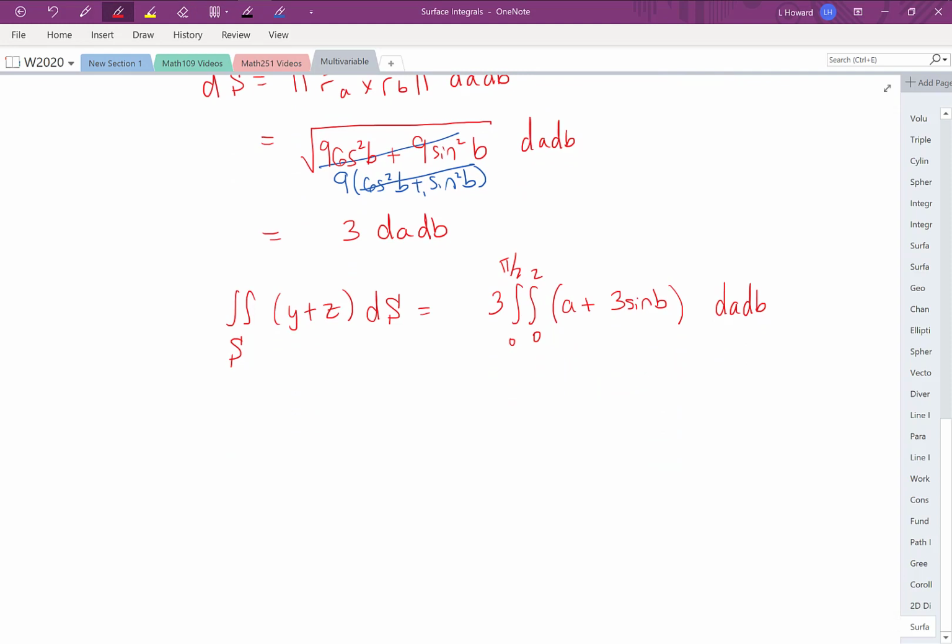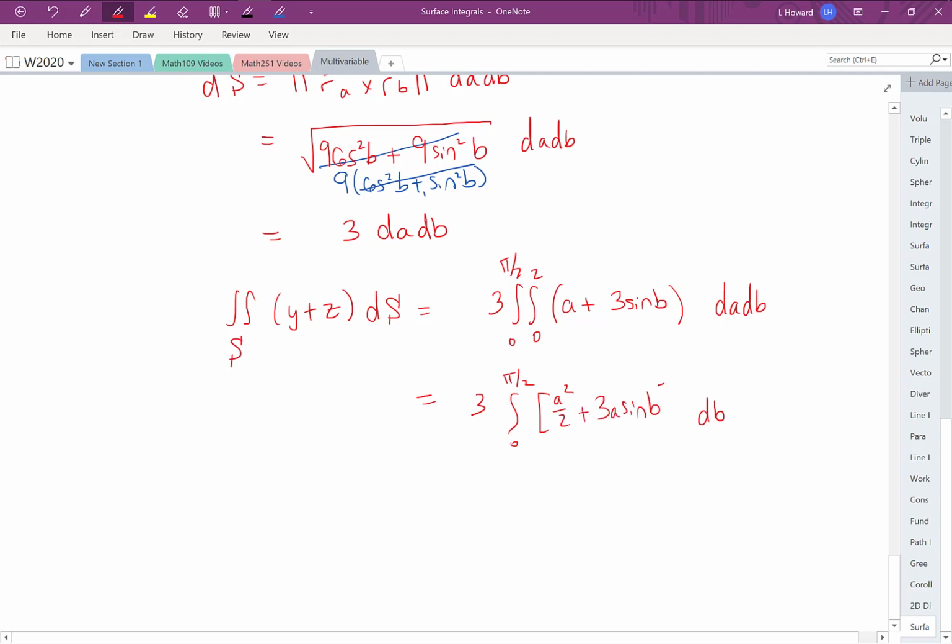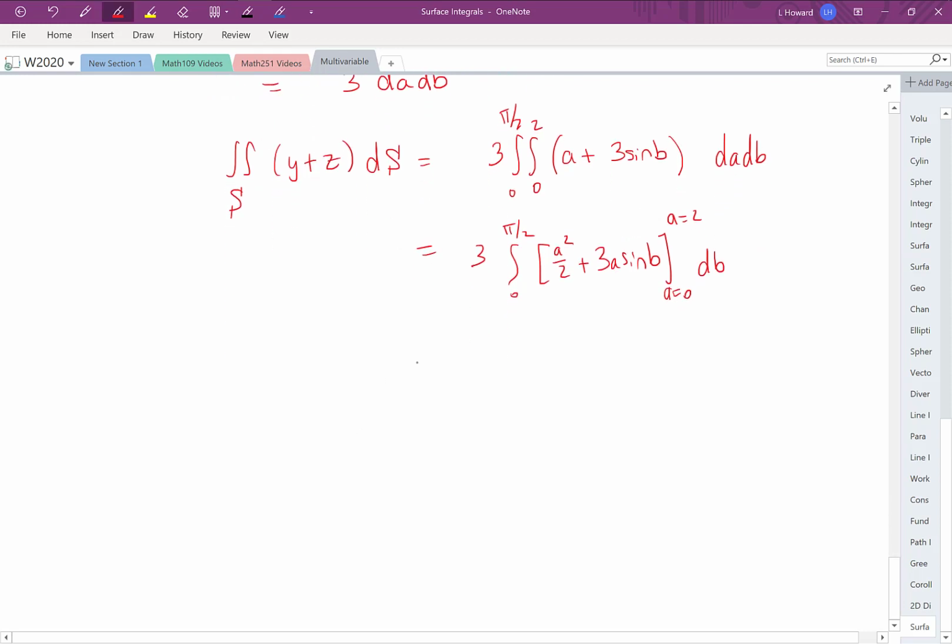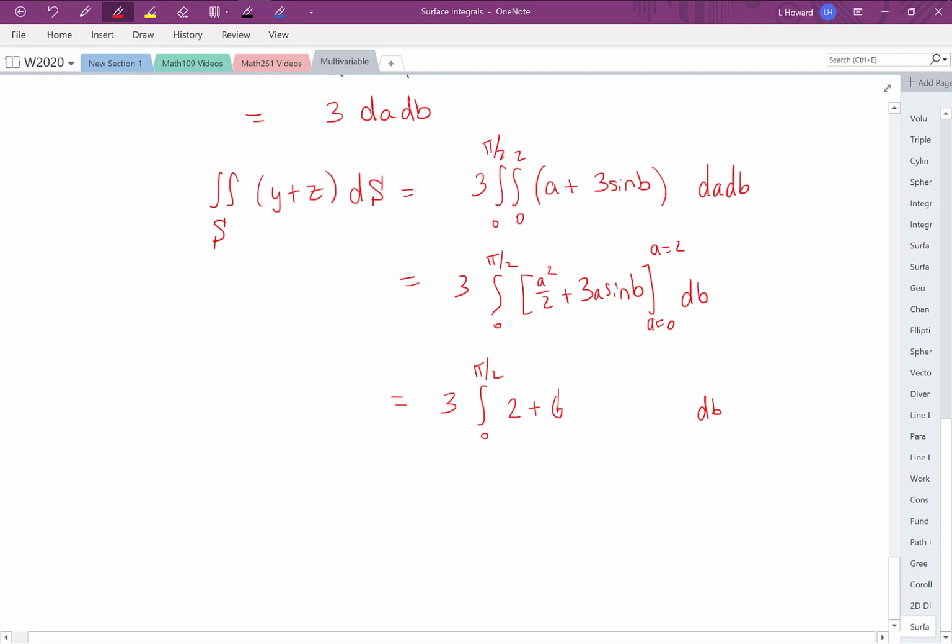So let's do our integration with respect to a. We'd have a squared over 2 plus 3a sine b, and we're going to evaluate that at a equals 2 and then a equals 0. So we'll keep our constant on there, keep our integral with respect to b on there, and then just evaluating, we'd have 2 plus 6 sine b.